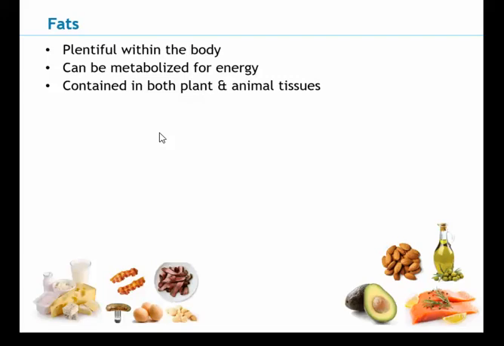So every gram of fat has about 9 calories. So here, we know they're in both plants and animals. So here's our plant fats and then our animal fats. Or, sorry, I said that backwards. Obviously, this is our animal fat right here, and obviously this is our plant fat.